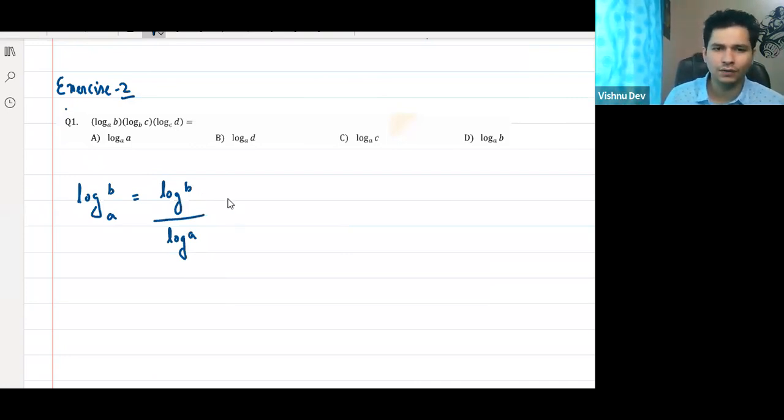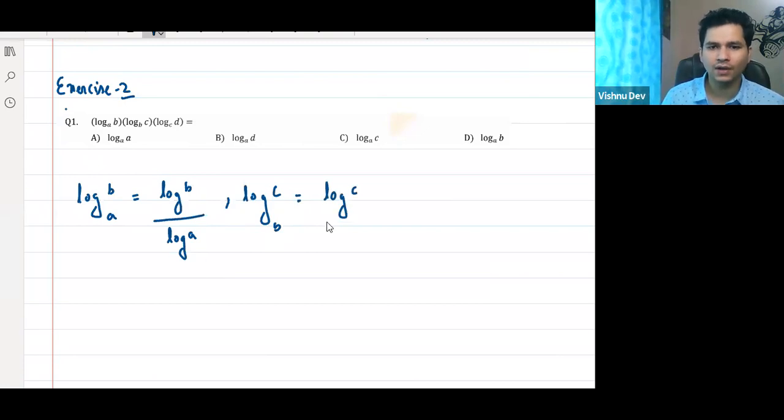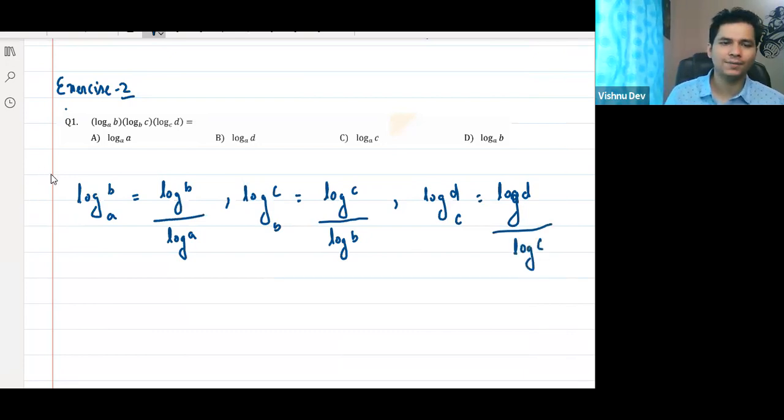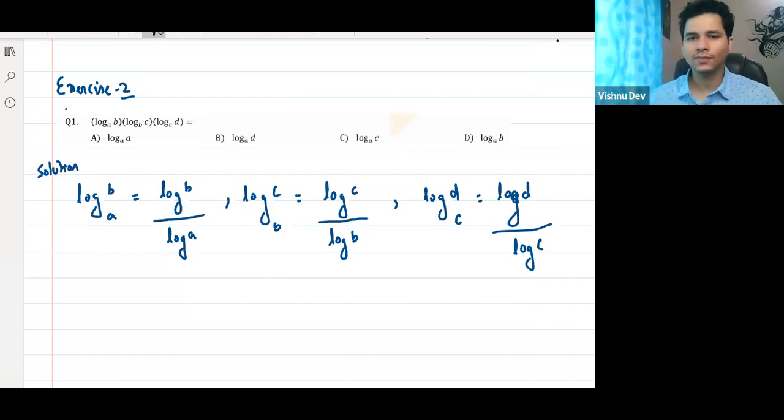Yes or no? In the same way, log c base b can be written as log c by log b. See how easy this question was. In the same way, log d base c can be written as log d by log c. Now, can you solve this? Now it is easy.